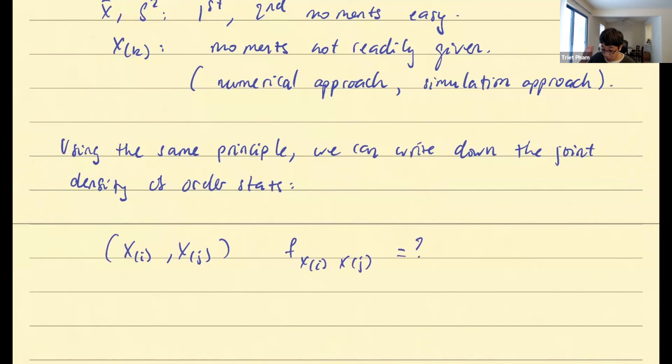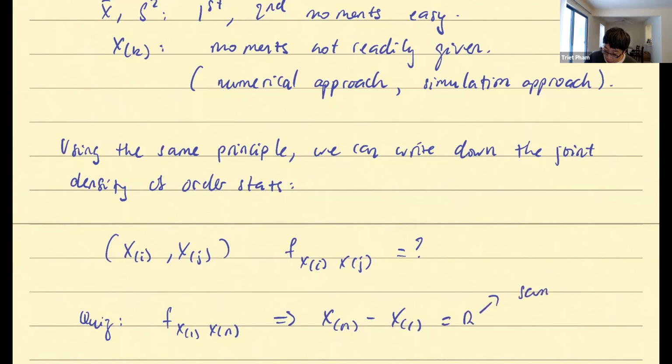In your quiz, for example, or even the homework, the textbook, if you just look at the problems in the textbook for this section, you see that what they care about is the min and the max. I guess this makes the most sense. The reason is from here you can derive the difference between these two, which is called the sample range, which again is what people usually care about.